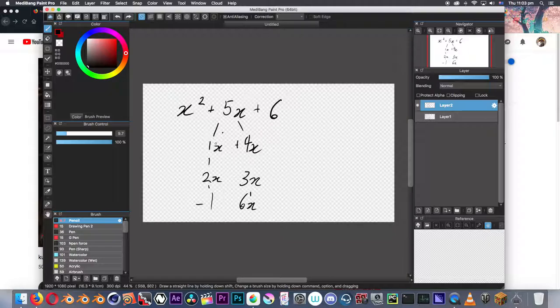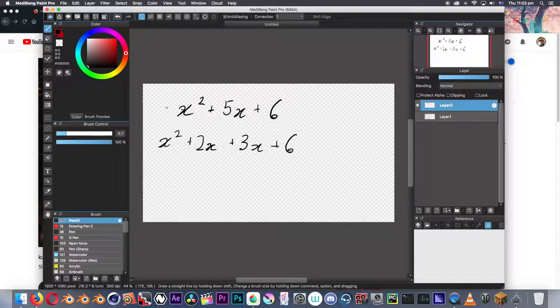So all we've got to do is rewrite the formula. I'm going to remove all this because it's taking up the entire workspace. So x squared plus 2x plus 3x plus 6. That's the same thing.